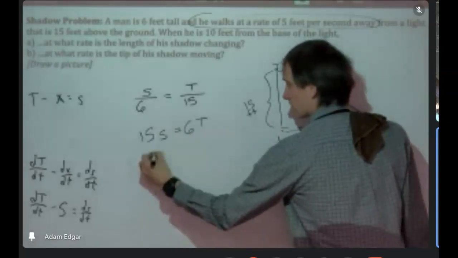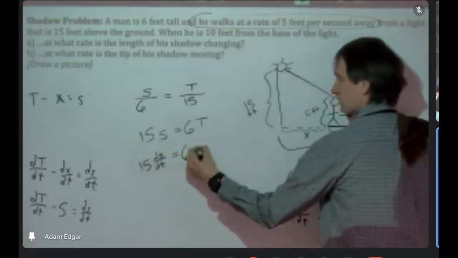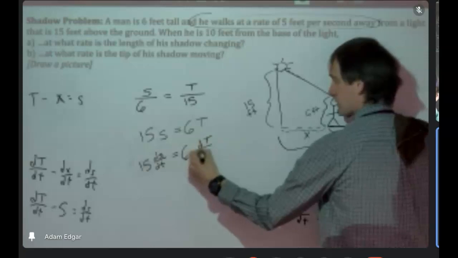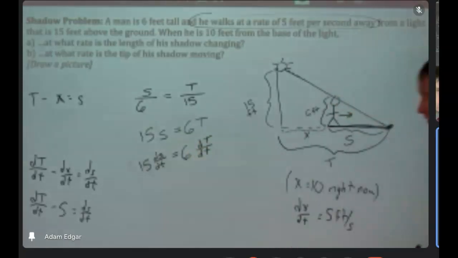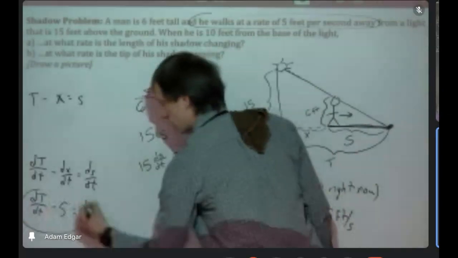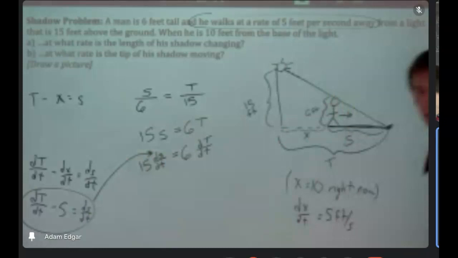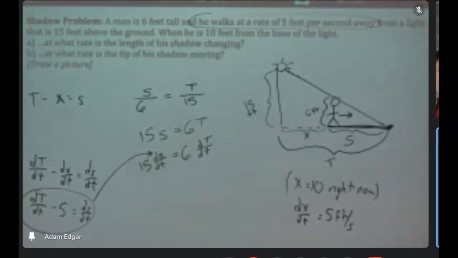So 15 dS/dt equals 6 dT/dt. And what I would probably do now is just substitute. I know what dS/dt is over here. Let's plug it in. And then you can solve for dT/dt.